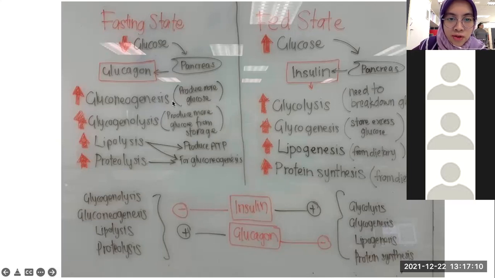So gluconeogenesis takes place. Why? We are trying to produce more glucose, because in fasting we have reduced glucose concentration.